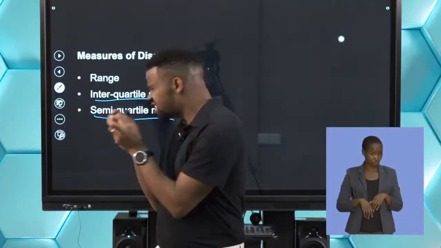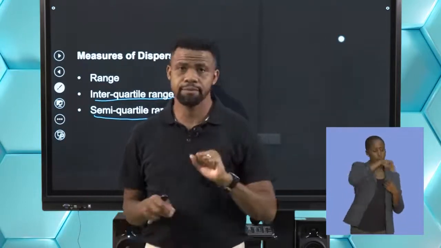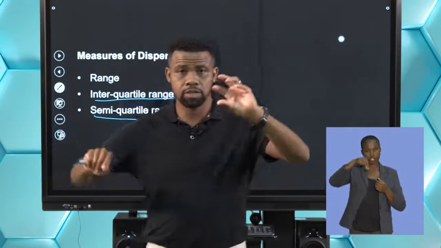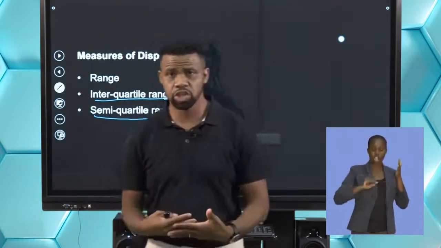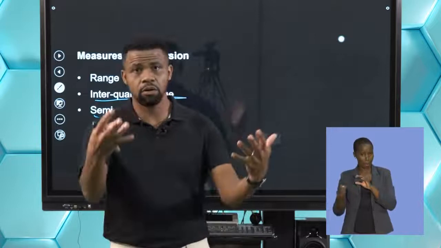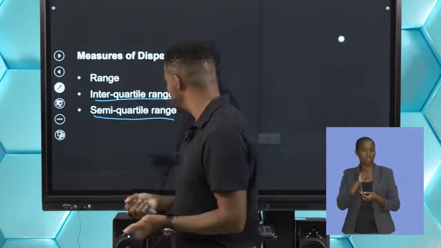The interquartile range is Q3 minus Q1, the upper quartile minus the lower quartile. The semi-interquartile range is just half the interquartile range.